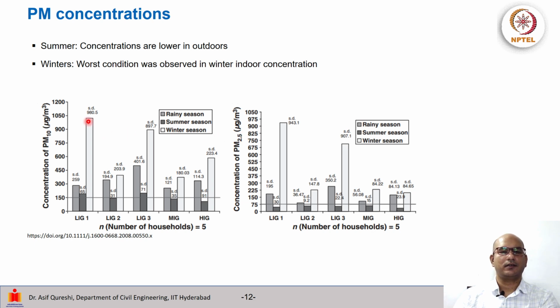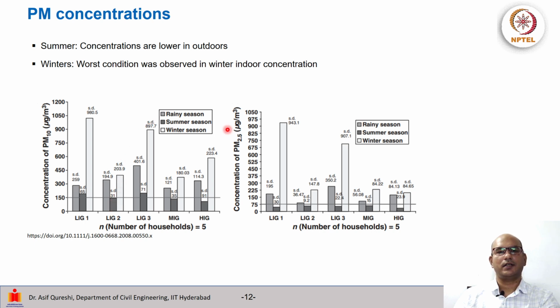On the x-axis we have different houses, LIG1, LIG2, LIG3, MIG, HIG. Same here, concentration of PM10 in micrograms per meter cube, concentration of PM 2.5 in micrograms per meter cube, and then we have 3 seasons: rainy, summers and winters.